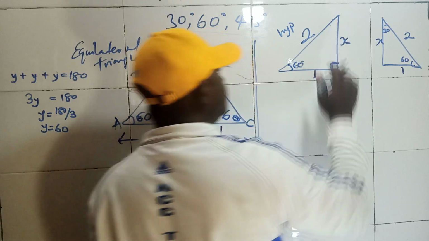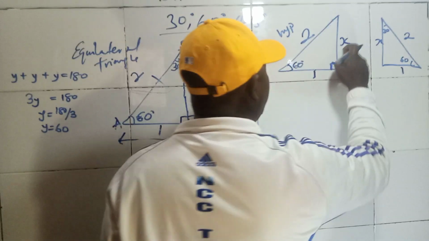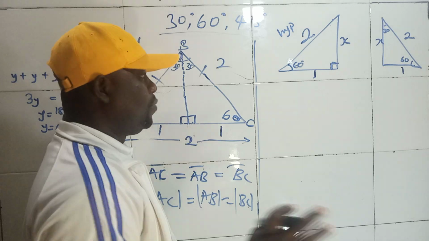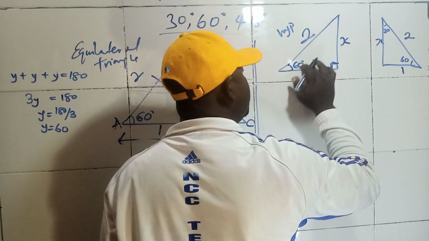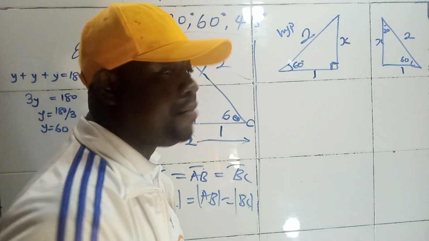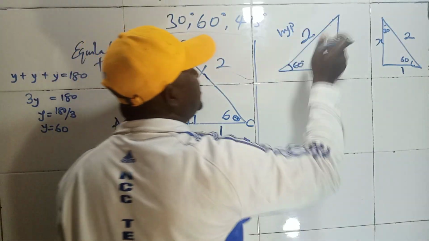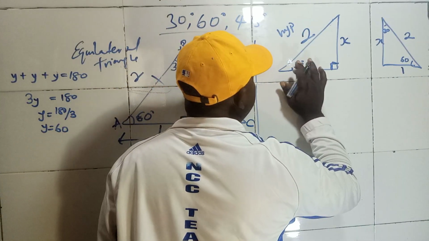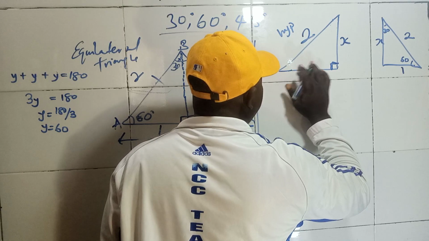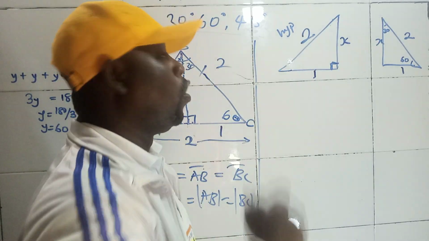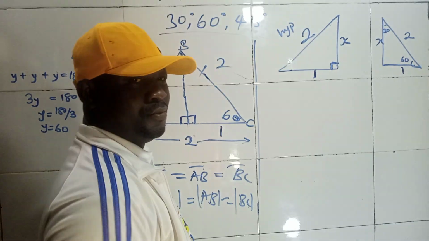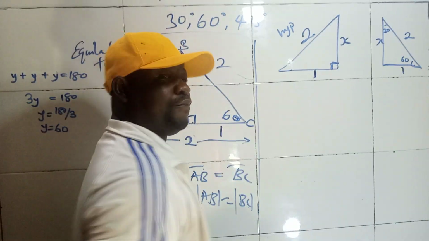You allow this one to be the opposite. Since you want to determine for angle 30 degrees first, this is where we are going to close. Or you can consider any one for us to determine this X for now.